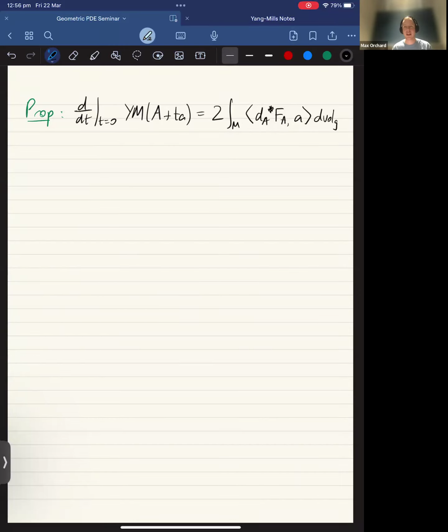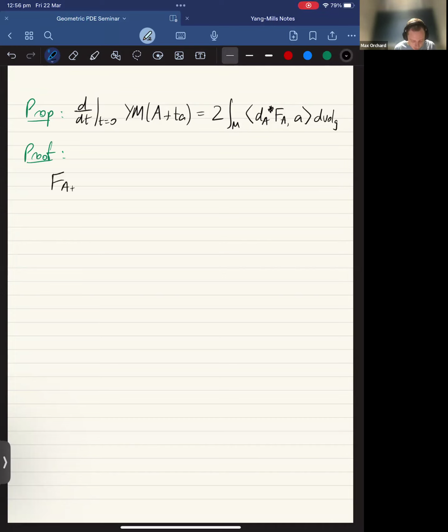Now that we have a bilinear form on differential forms, we can consider this formal adjoint of the covariant derivative. Essentially, I'm just going to very quickly go through this proof.